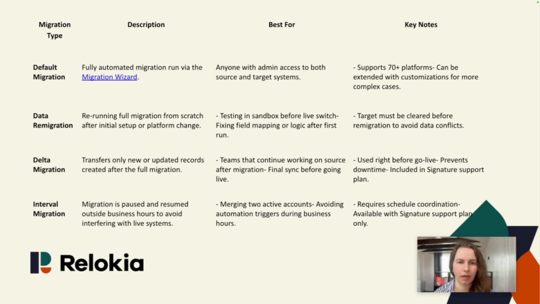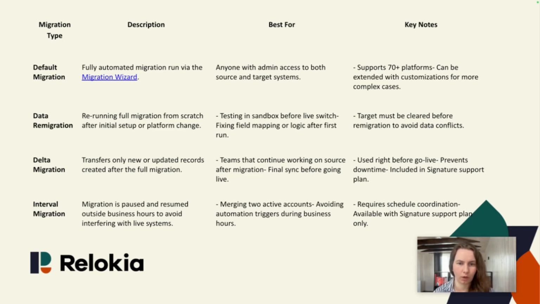So basically, let's start with the default migration. The default migration in the migration wizard is a fully automated data transfer process that you can run yourself through the migration wizard. We've gone through how the settings are done in the default migration. So basically, everything that you can do on your own is the default migration.